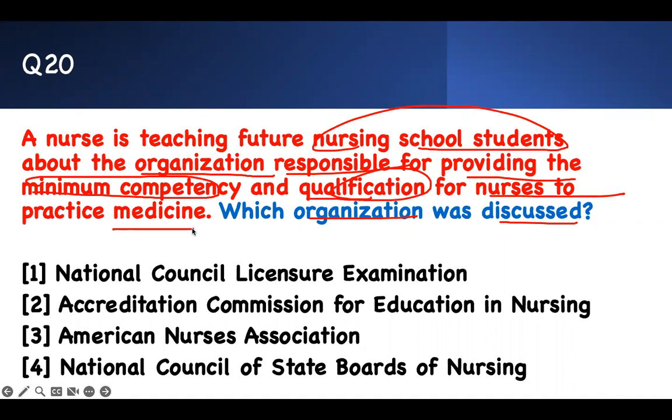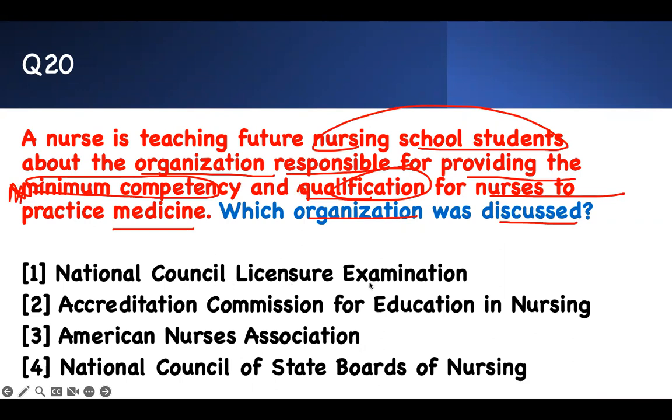A long wording. I did this to confuse you, but to show you how the board can do that. All you need to do is step back and look at the words. All I'm saying is, which organization is responsible for providing you just the minimum competency and qualification so that you can practice.